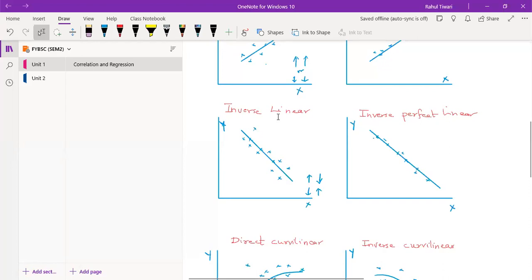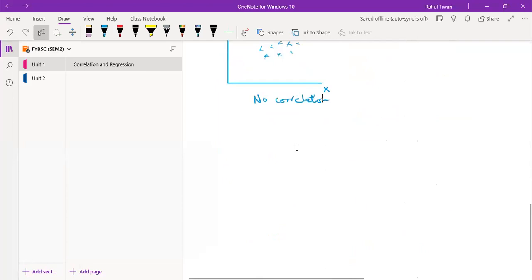Okay, so let's take an example based on that. Take down the following data.